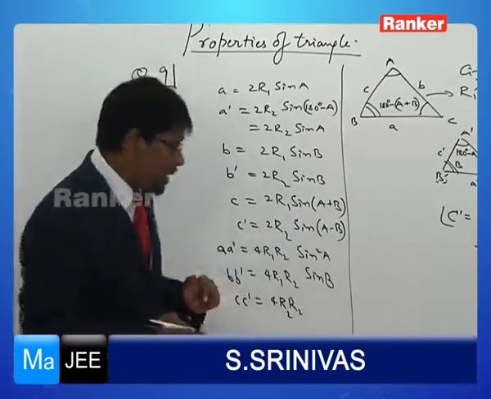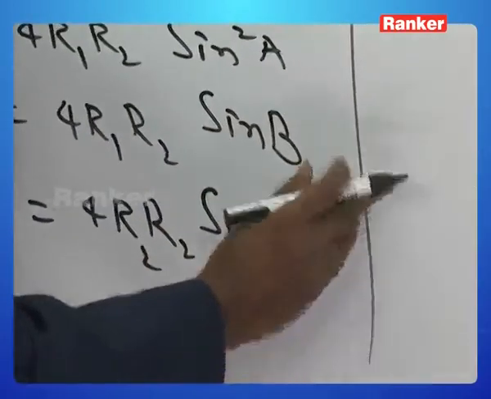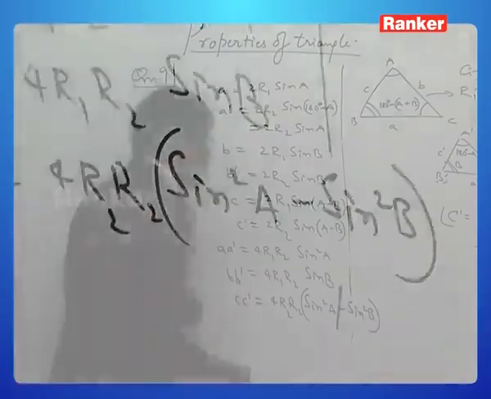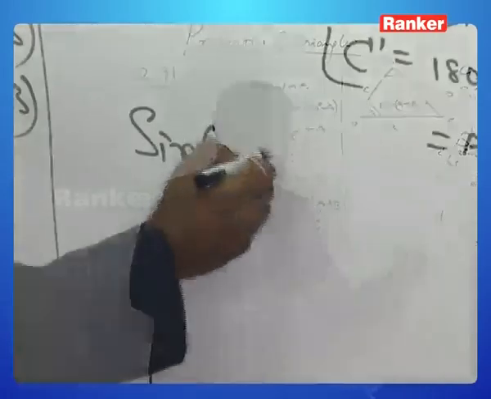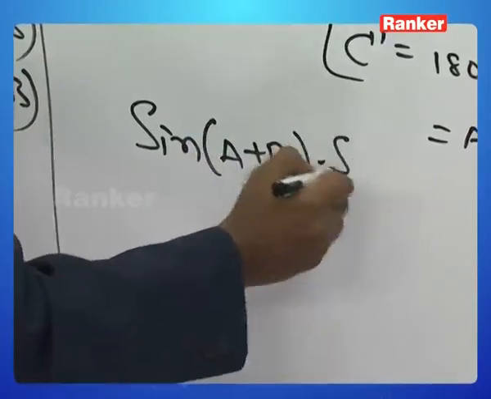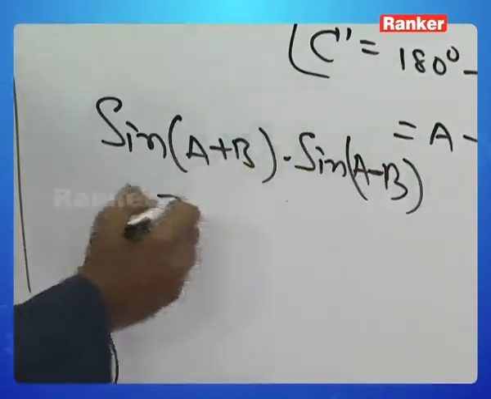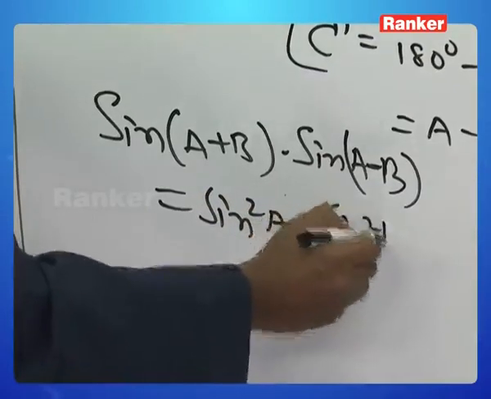We have a formula, sine square a minus sine square b. We use the formula sine of a plus b into sine of a minus b is equal to sine square a minus sine square b. This is a formula that has to be memorized.